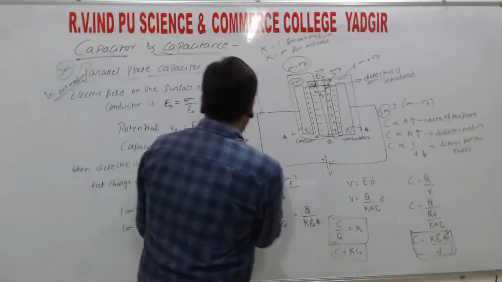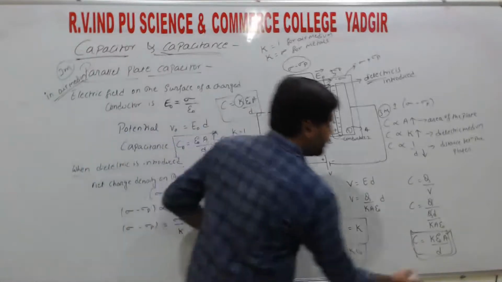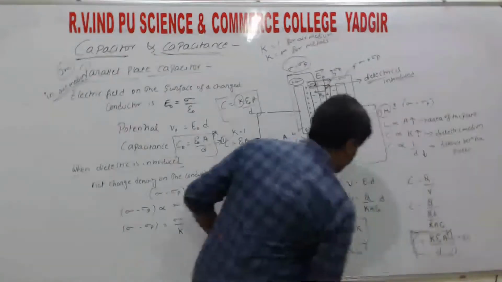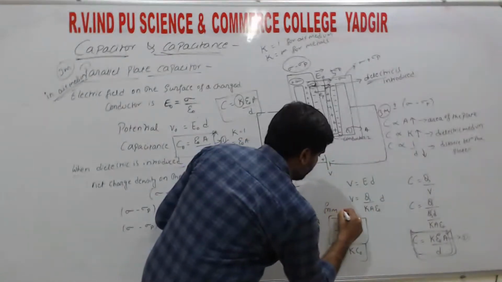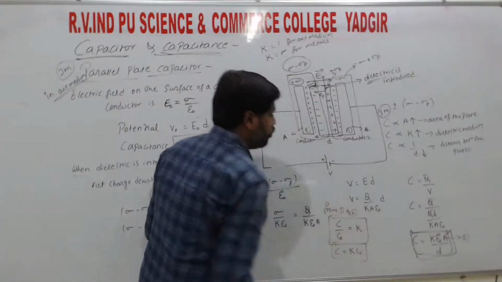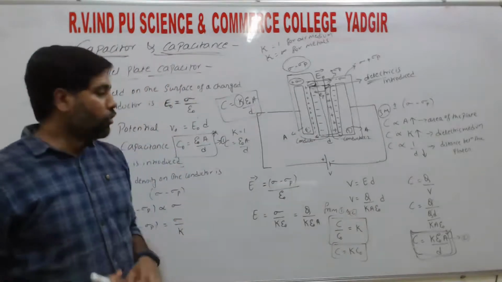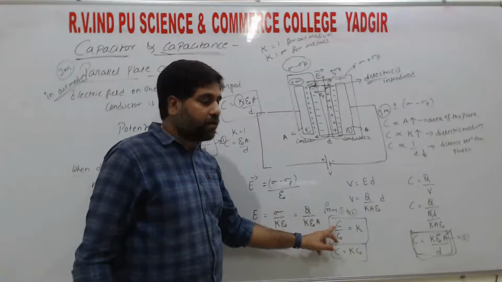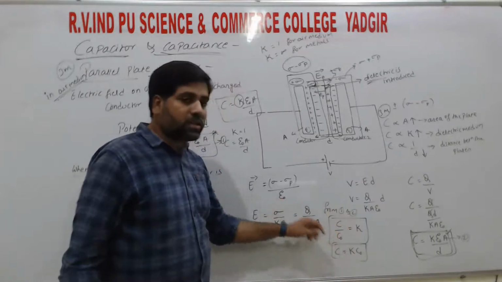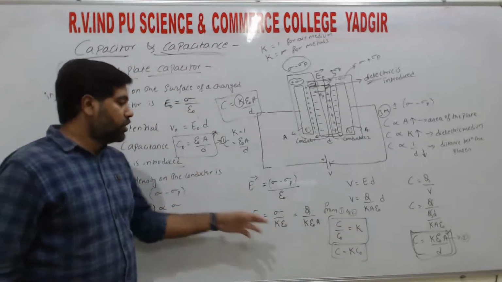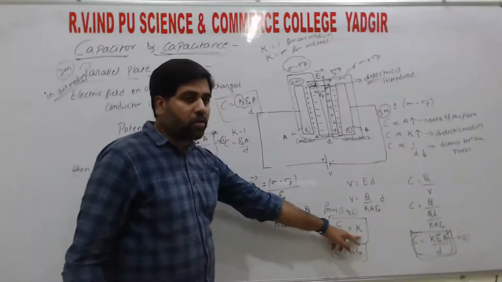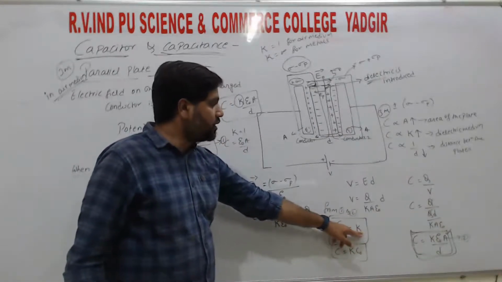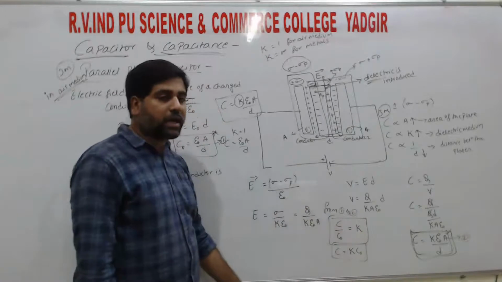From these two relations, from 1 and 2, from 2 we can write C by C naught. This C is the capacitance in the dielectric medium and C naught is the capacitance in the air medium. So that gives the dielectric constant, that is K. When K is a constant, that constant we call the dielectric constant.